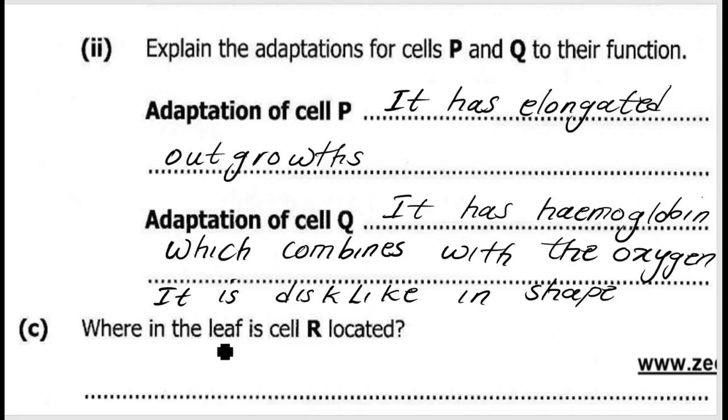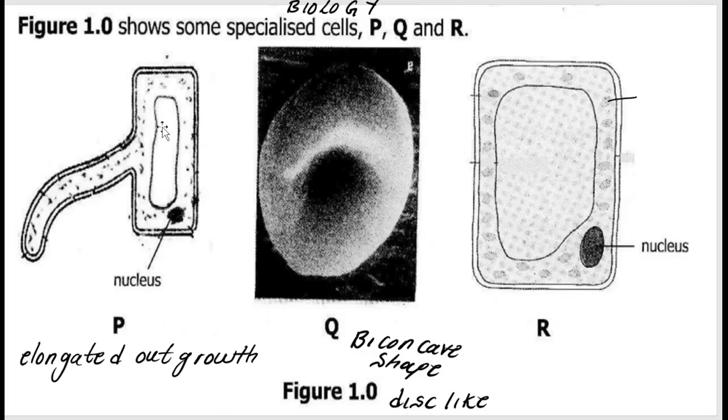Where in the leaf is cell R located? So cell R, we said, is a palisade cell, and its function is helping plants or the leaves trap sunlight because it has got chloroplasts inside.